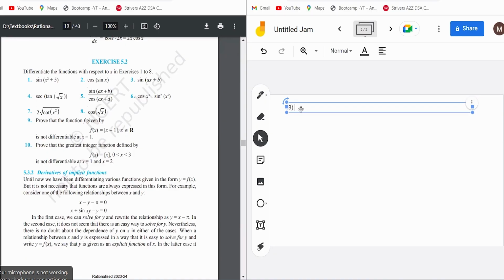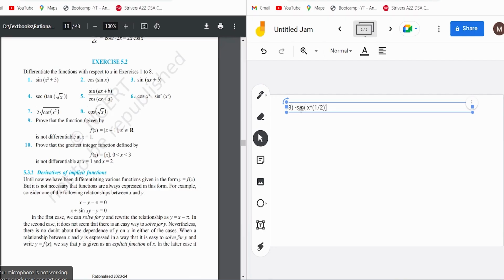Question number 8 is saying cos of root x. Again, a simple question. Differentiation of cos x is minus sin x. It will be minus sine of root x. Then we have to differentiate root x. How to differentiate root x?